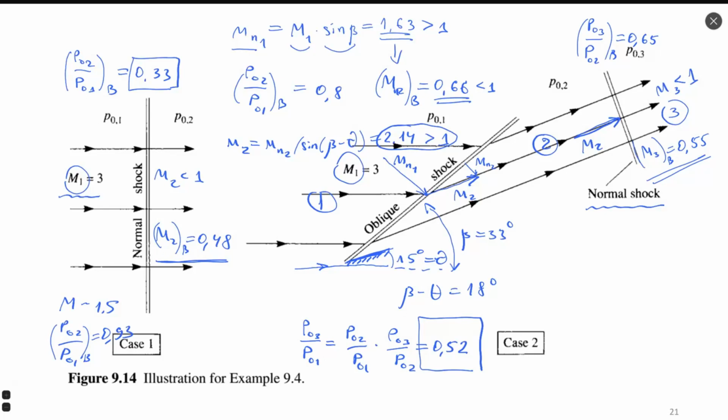That's quite good, but it's still not enough. We lose almost half of the energy in our flow. I think it would be very difficult to compensate by combustion and create enough thrust in this case.